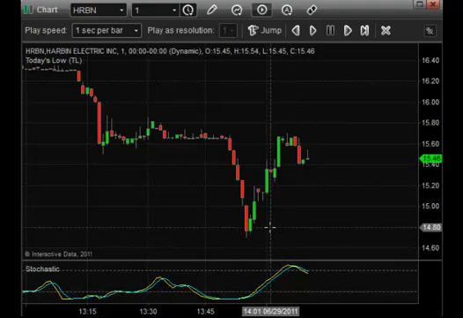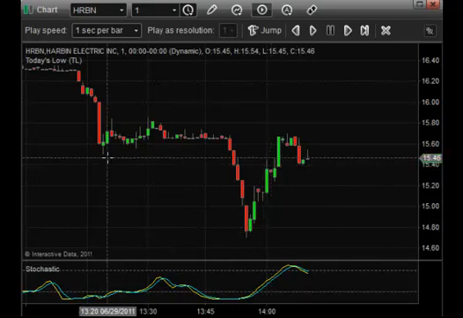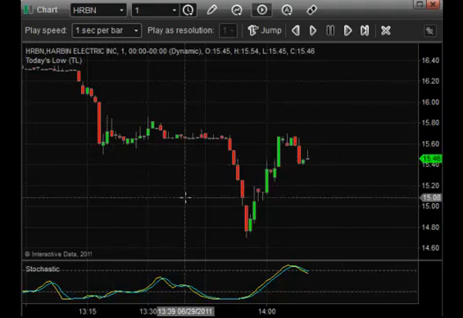This is starting to get into the summertime, so volume is light, so you'll see stochastics make more extreme moves from the bottom of the channel to the higher part of the channel when there's less volume. But this is just a nice trade. Again, you can't really go off stochastics alone, but combining stochastics with other indicators and/or support and resistance levels will help give you a higher probability trade.